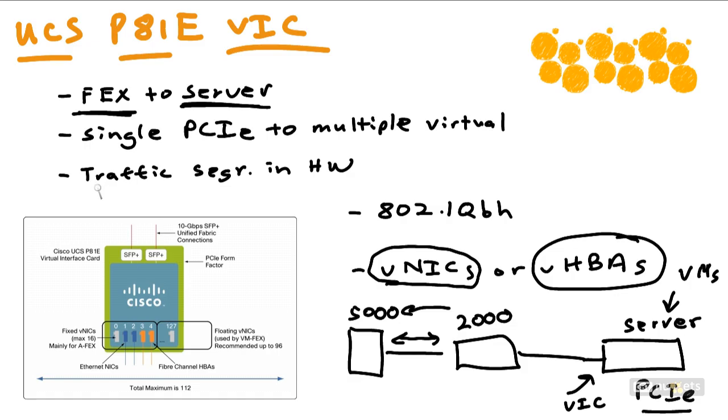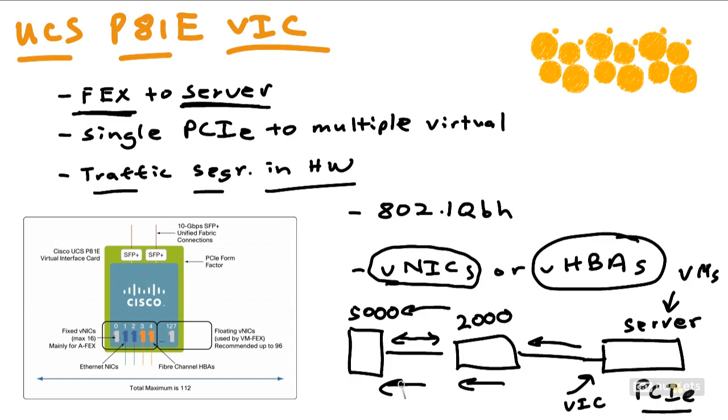So notice we are segregating traffic in hardware. We don't need software. We don't need VLANs in order to do that segregation. They're each able to achieve their own virtual Ethernet or virtual host bus adapter, and that particular virtual device is able to communicate that information upstream to these devices for excellent segregation.